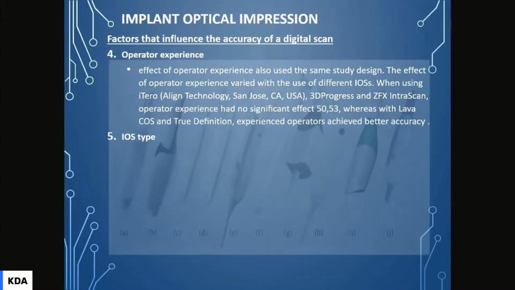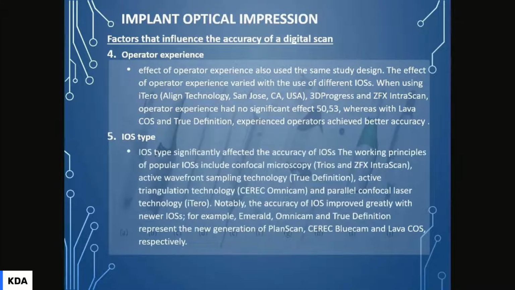And lastly, and this point is connected to the previous one, the type of intraoral scanner. If you use a new generation, high-end intraoral scanner, you will have an accurate scan. Older generations, unfortunately, did not give us an accurate intraoral scan related to implants.